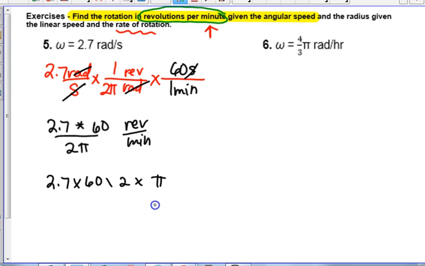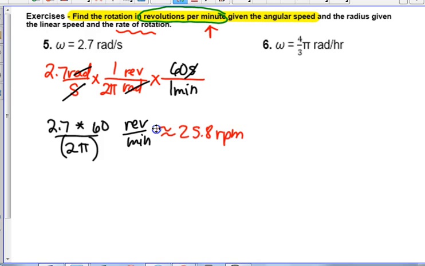So it's in the denominator. I would just put parentheses here. You can hit divided by 2 and then divided by pi and it'll work, but just remember when you're dividing by 2 pi, you have to do parentheses. 2.7 times 60 divided by parentheses 2 pi. 25.8, anybody? RPMs, revolutions per minute.